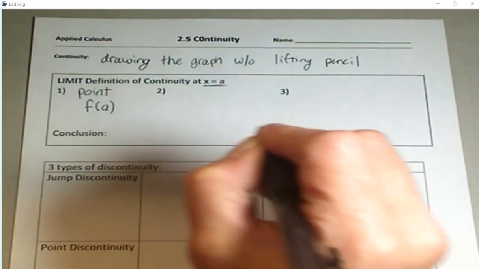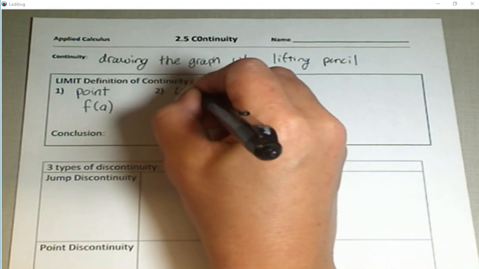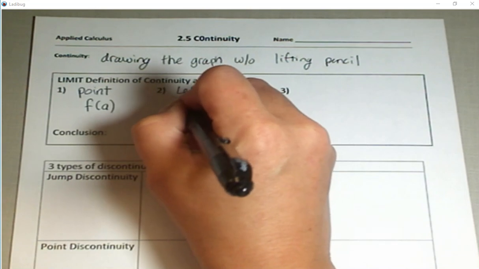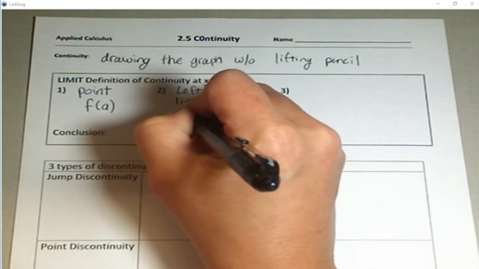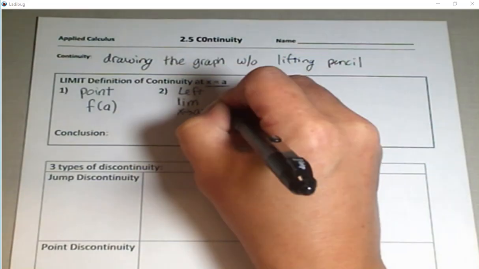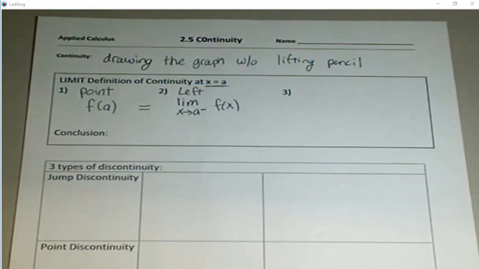All right. The second part is the left side. Okay, that means that the limit as you approach from the left actually equals the point. There's a point, and the line comes into the point.